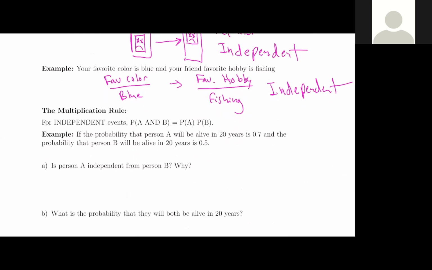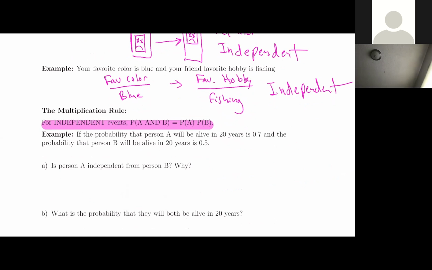So here's the formula for the multiplication rule. For the multiplication rule, this is going to be a little bit different because usually we're doing one selection, but for this scenario, we're doing two selections.